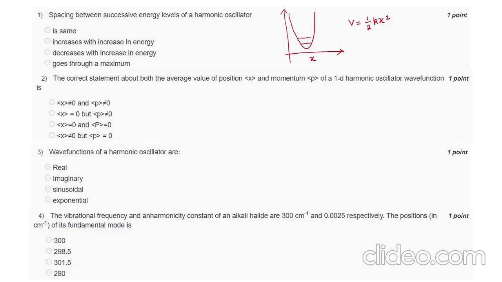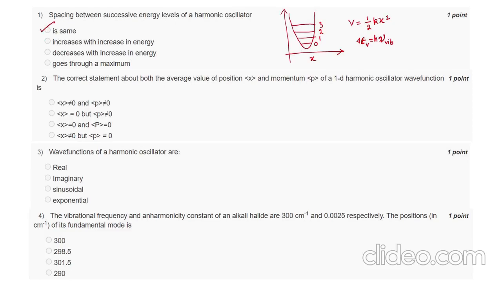And these are your vibrational levels: 0, 1, 2, 3. These are your v values. As you can see, the spacing delta E is always going to be h times the vibration frequency of your molecule. So the spacing is going to be the same for all. Okay.